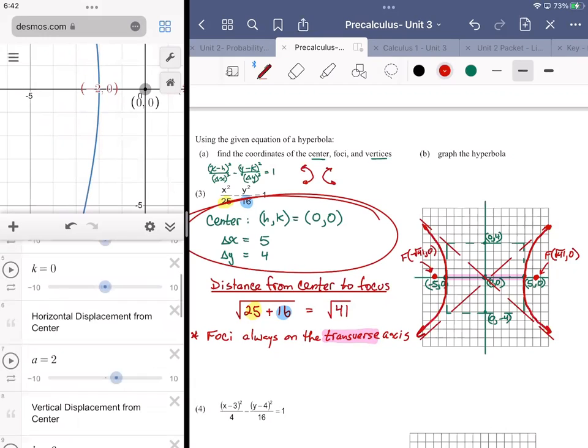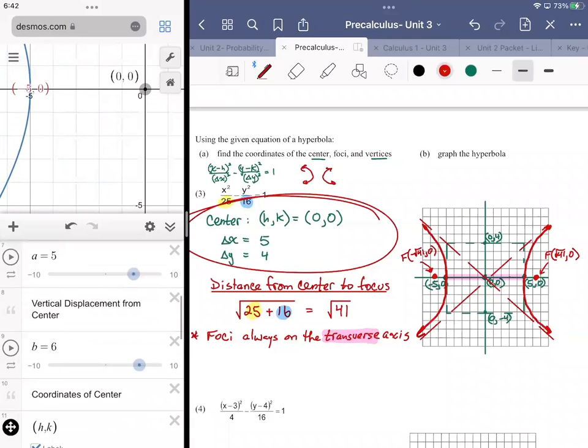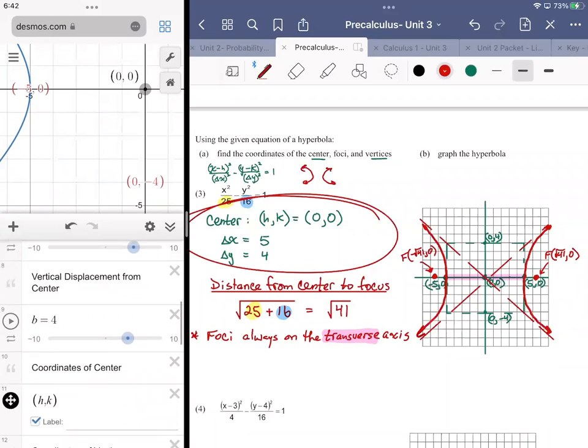I'm going to put my a value, which is horizontal displacement from center, which is delta x. I'm going to make that a 5. Vertical displacement from center, that's my delta y. I'm going to make that a 4. So I have that information, so the coordinates of the center are plotted.